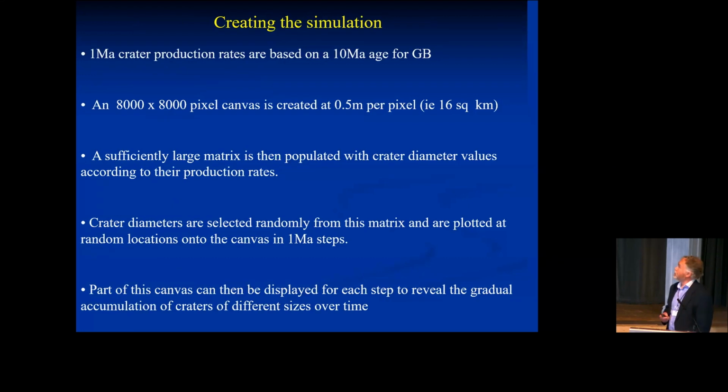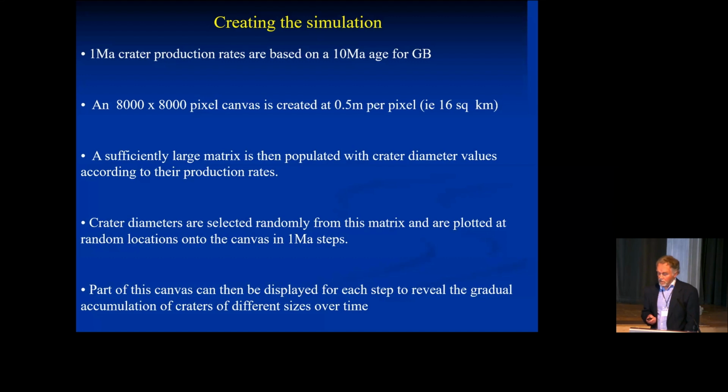So creating the simulation, I calculate simply a 1 million year crater production rate based on the 10 million year age for GB. And I create an 8,000 by 8,000 pixel canvas at 0.5 meter per pixel. So this canvas is about 16 square kilometers.